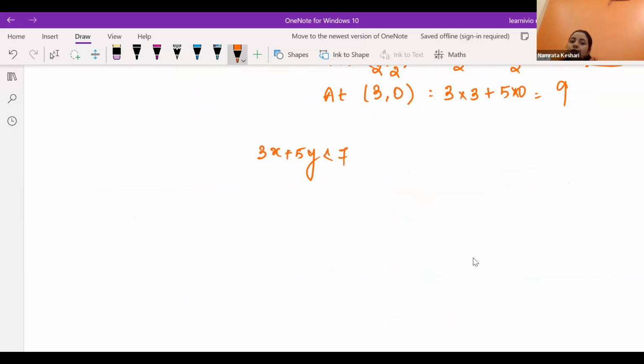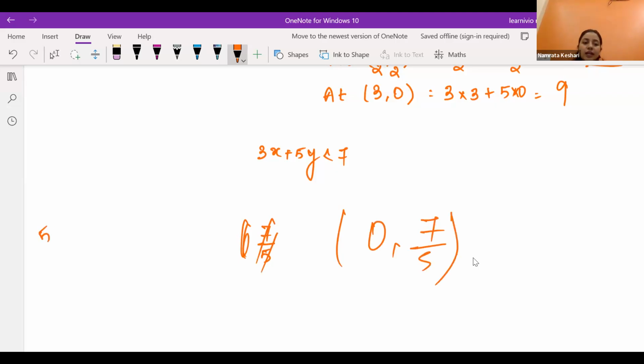Okay, let's plot it. When x is 0, what is y, Annapurna? 7 by 5. 7 by 5 means, let's get an idea so that we can locate it properly. 1.4, right?